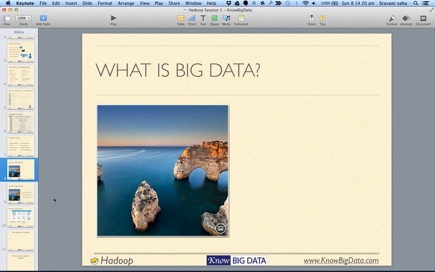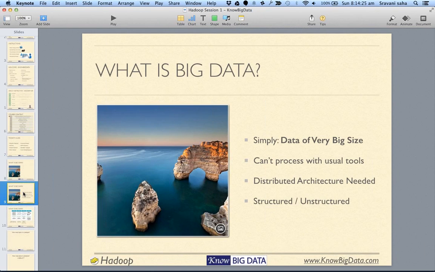All right. So yes, you guys are right. Big data is basically data of very big size which you cannot process with usual tools.